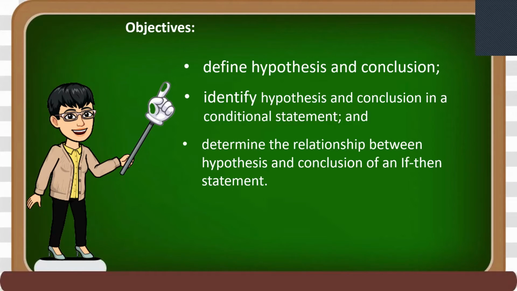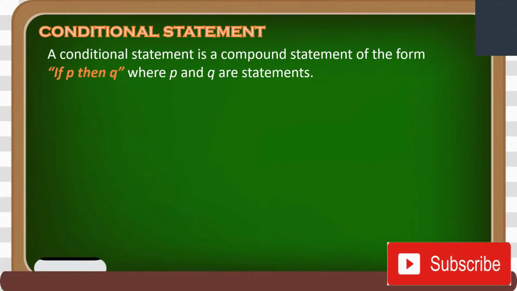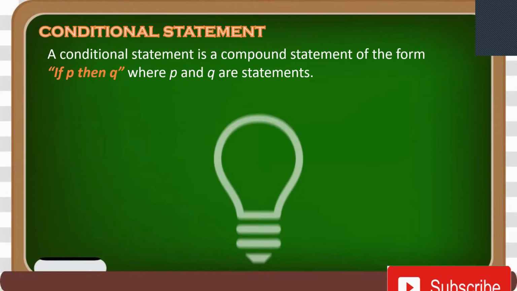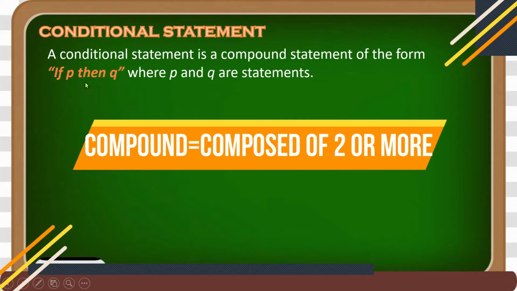if-then statement. Conditional statement. A conditional statement is a compound statement of the form if P then Q, where P and Q are statements. When we say compound statement, pinagsamang statement, where if P then Q, there are two statements.